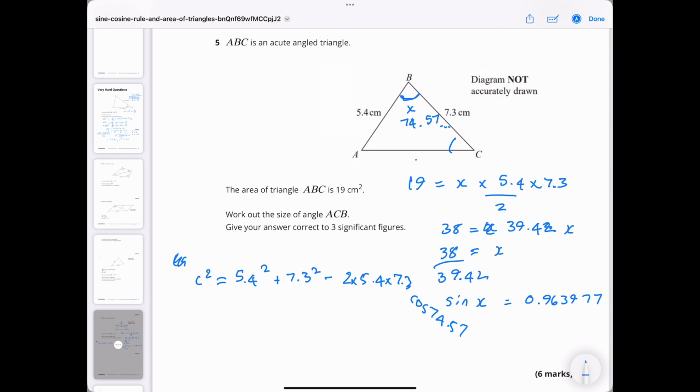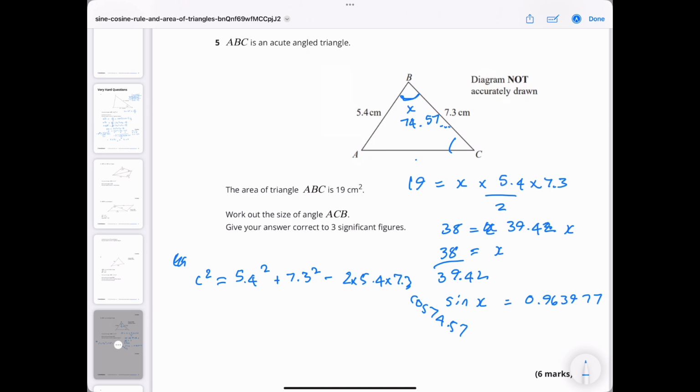So I'm putting all this into a square root: 5.4 squared plus 7.3 squared minus 2 times 5.4 times 7.3 times cos of whatever that answer was.